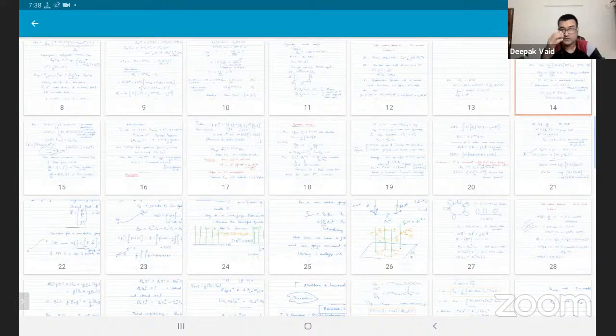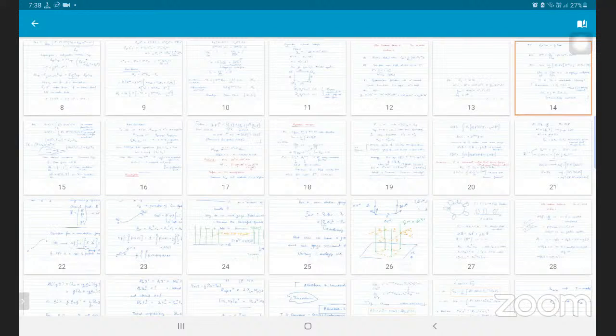You're talking about the Wheeler-DeWitt equation, right? Yes, Wheeler-DeWitt equation. Right.